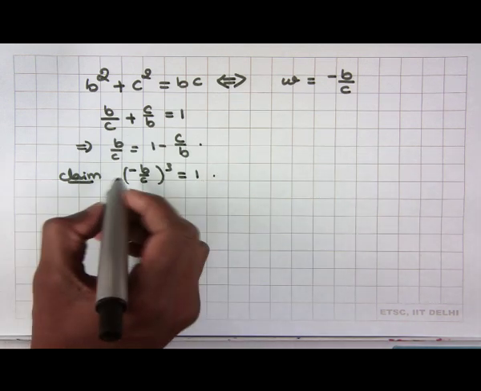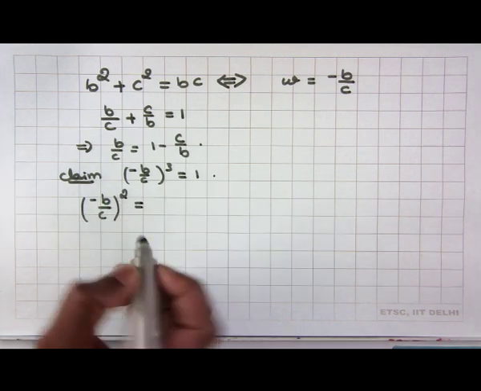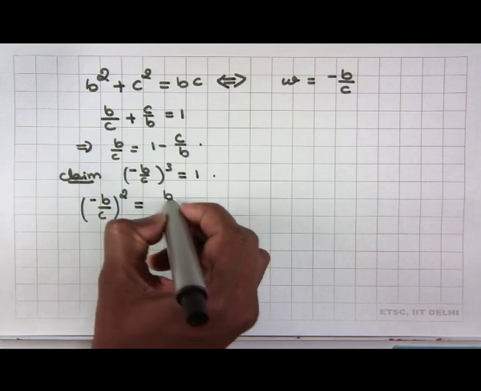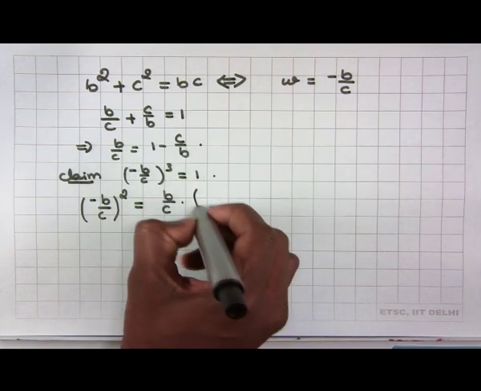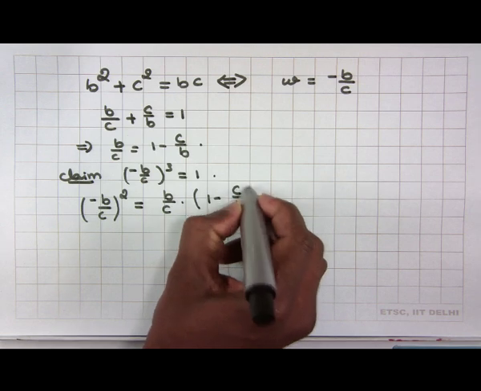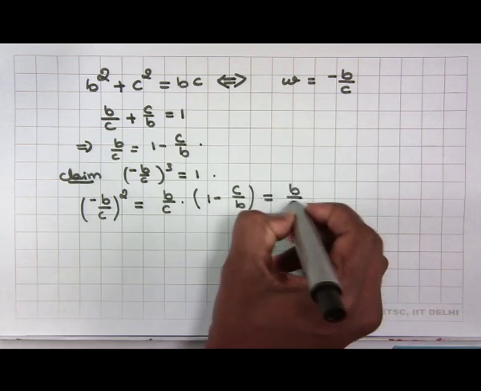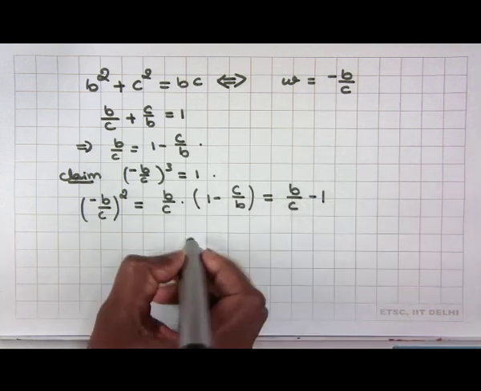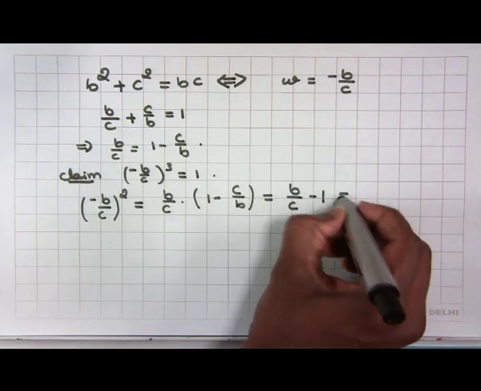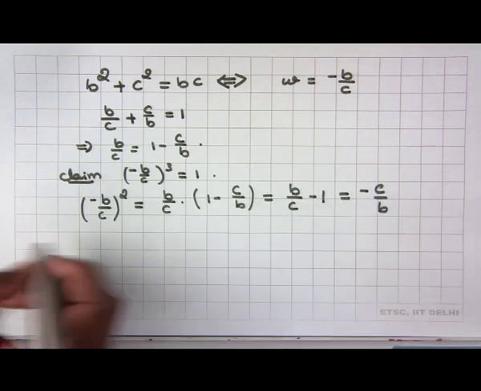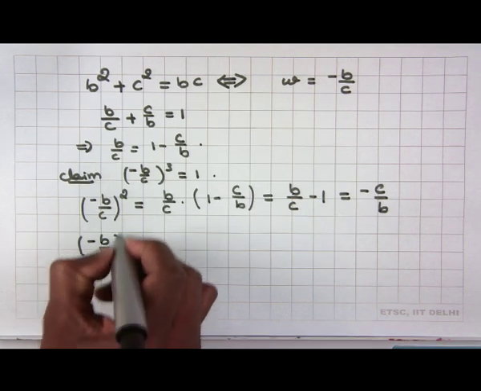For this, start with minus B by C squared, which is the same as B by C times B by C, but B by C is 1 minus C by B. Now, notice that this gives B by C minus 1, and going back to the expression, B by C minus 1 is minus C by B. Now it is clear why minus B by C cubed is 1.